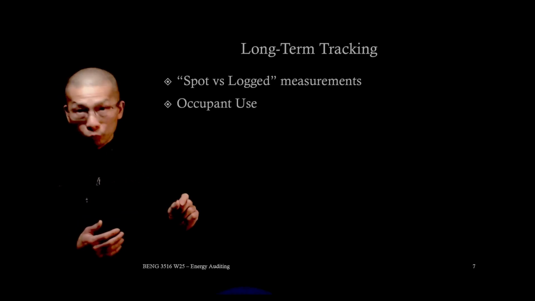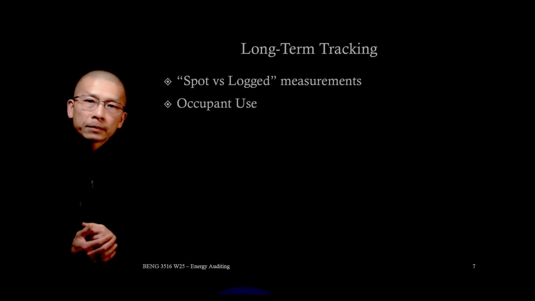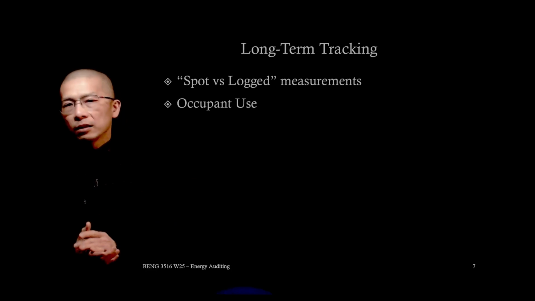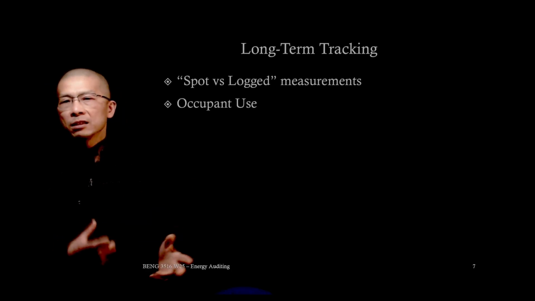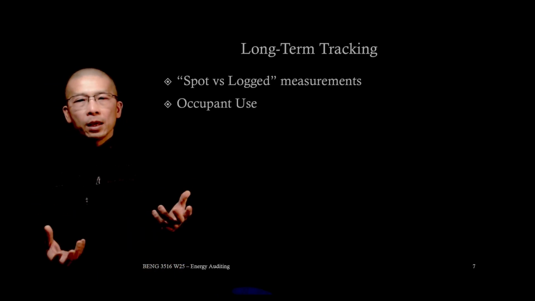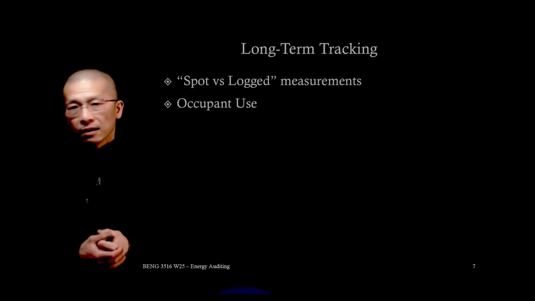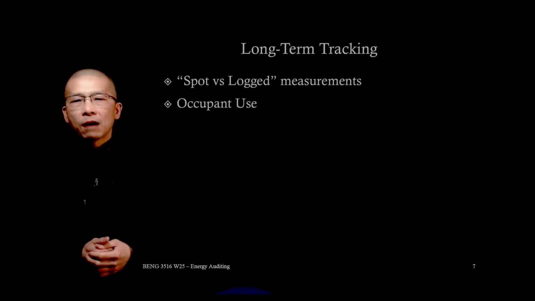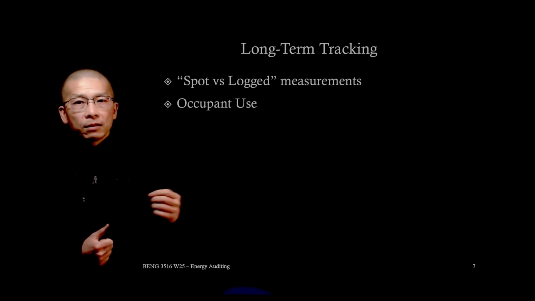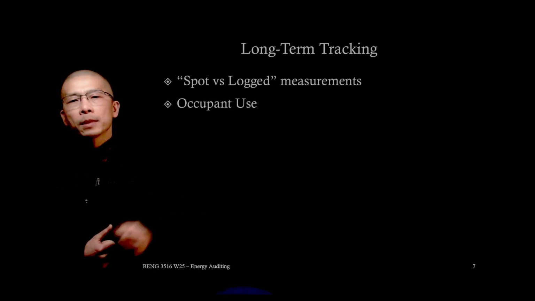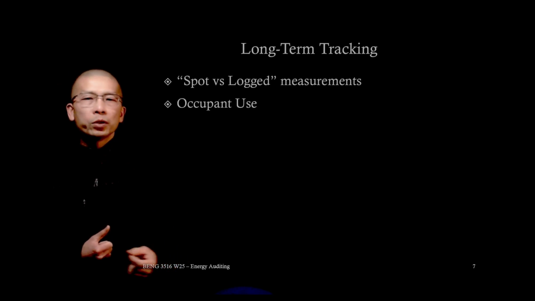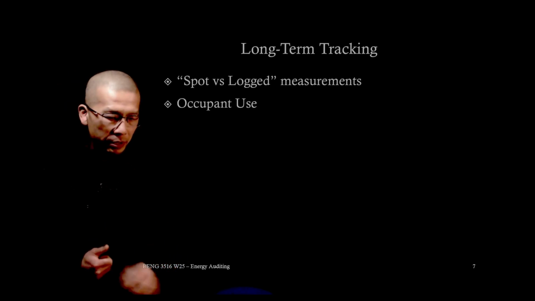Do not assume. In general, energy audit or similar studies, data logging and occupant use are two critical elements for gathering and analyzing meaningful data. So next, we will examine how data logging captures building performance over time and how occupant behavior influences energy use.